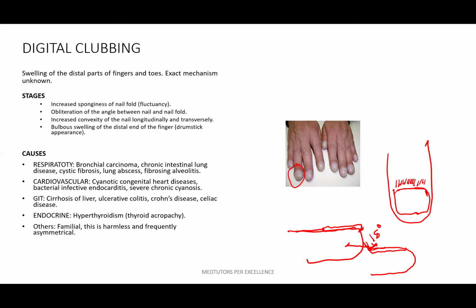Cardiovascular: cyanotic congenital heart disease, bacterial infective endocarditis, severe chronic cyanosis. Gastrointestinal: liver cirrhosis, ulcerative colitis, Crohn's disease, celiac disease. Endocrine: hyperthyroidism, thyroid arthropathy. Others could be familial, which is harmless and frequently asymmetrical.